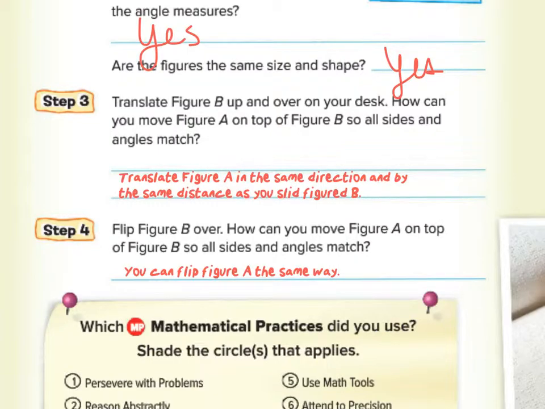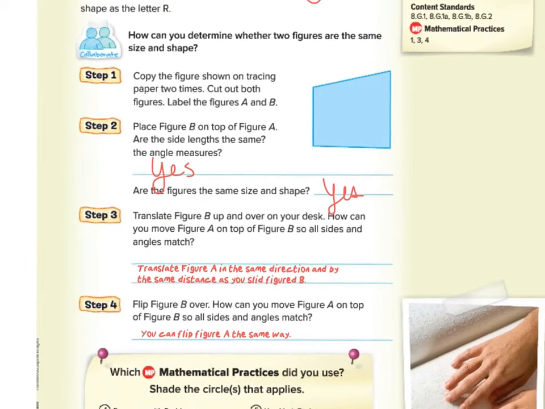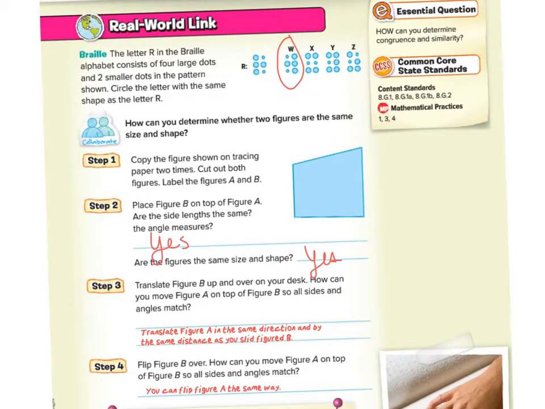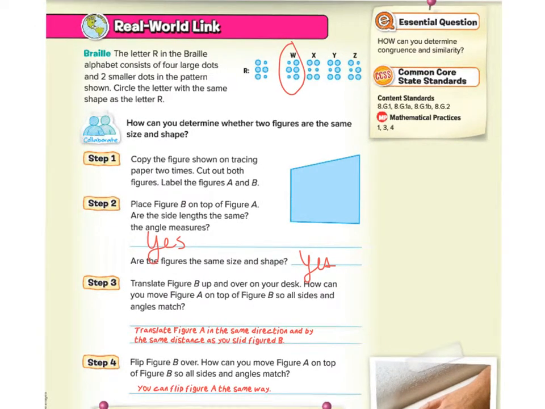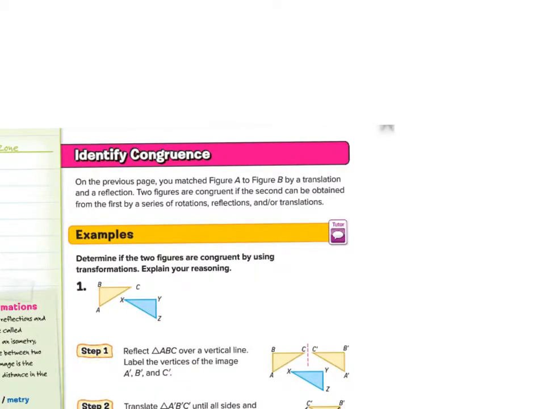What's the point of this entire example? It's to show that in order to see if patterns are the same size, shape, and angle, you can try to rearrange them and match them to see if they are, because essentially we're trying to identify congruence or similarities.